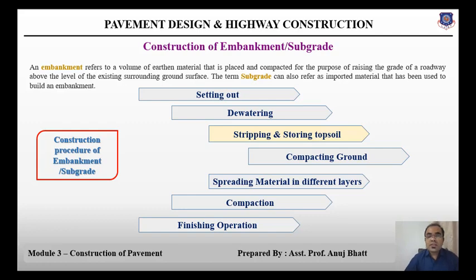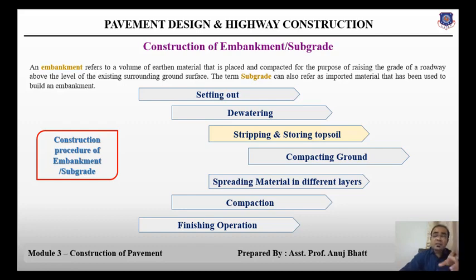So basically what it says is that the topsoil from all the cutting areas has to be taken, and from all the areas to be covered by the embankment foundation it shall be stripped, and it has to be kept in stockpiles, or else it should be dumped or used where revegetation is desired.